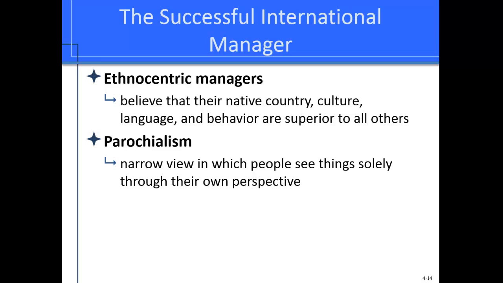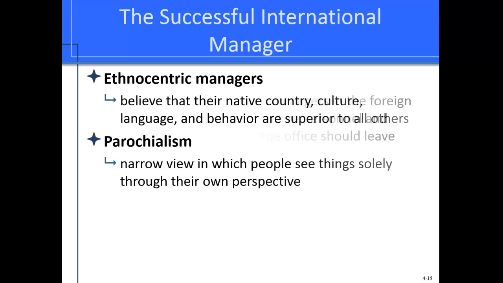They believe that their native country, culture, language, and behavior are superior to all others. These managers believe they can export the practices of their home countries to anywhere in the world. Ethnocentrism might also be called parochialism. That is a narrow view in which people see things solely through their own perspective, regardless of others' perspectives.